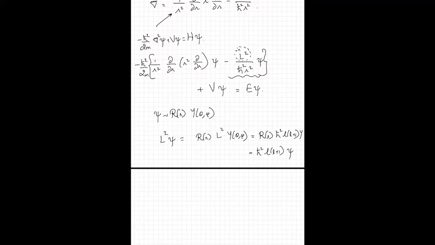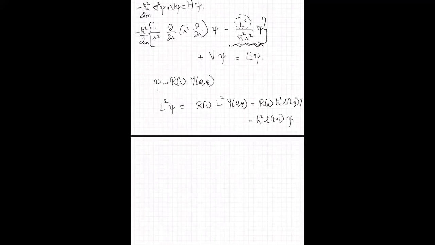So if you simply look at this piece and the potential piece, I can write these two together. There is a minus h bar square over 2 outside. So the whole thing becomes h bar square over 2m times 1 over h bar square r square. I've been calling this mu, so I'll stick with this because there is another m here. Times h bar square l(l plus 1) psi.